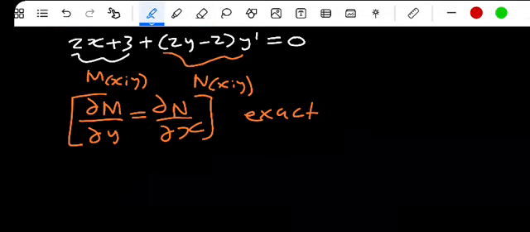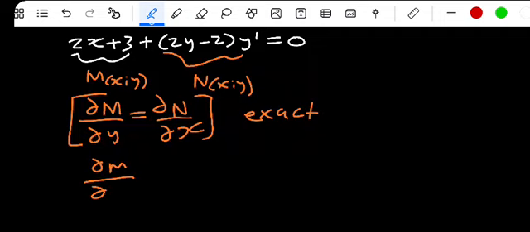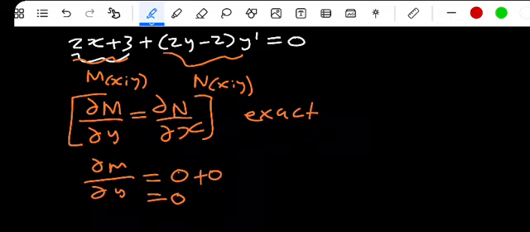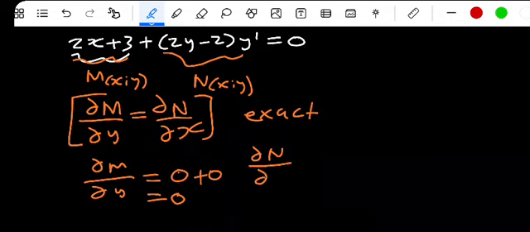The partial derivative of M with respect to y: we have 2x + 3 here. This simply equals 0, since 2x gives 0 and 3 gives 0. What about the partial derivative of N with respect to x?